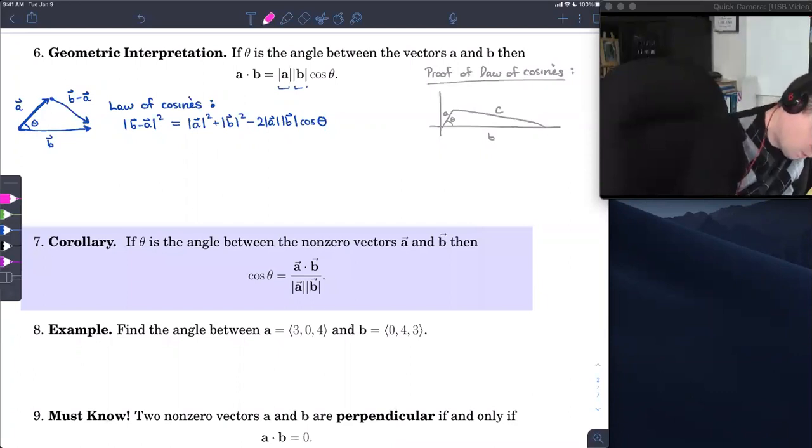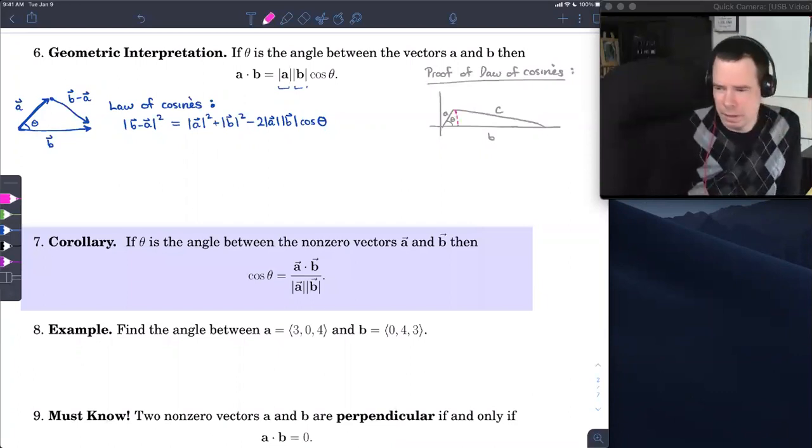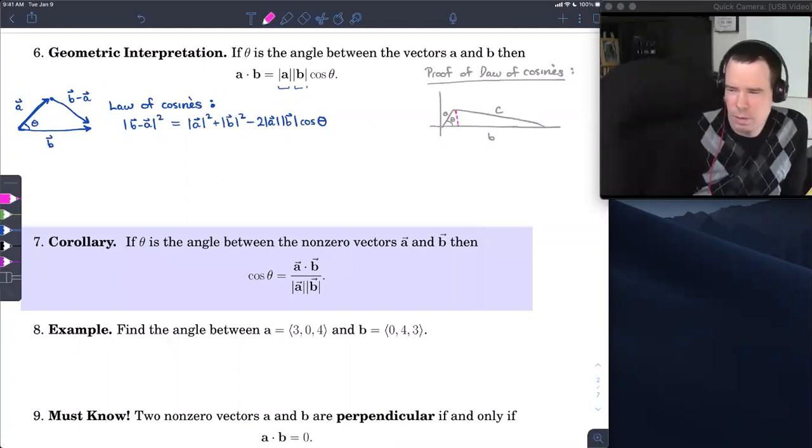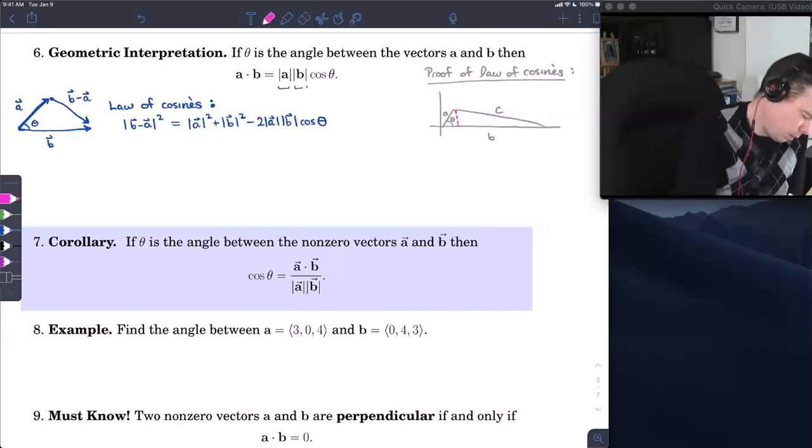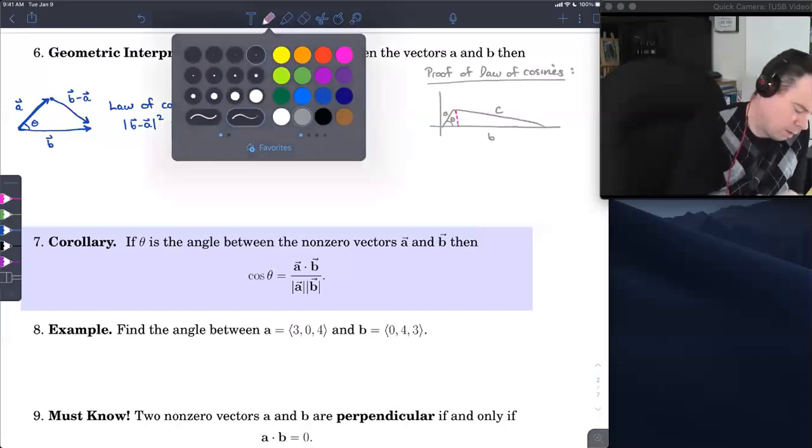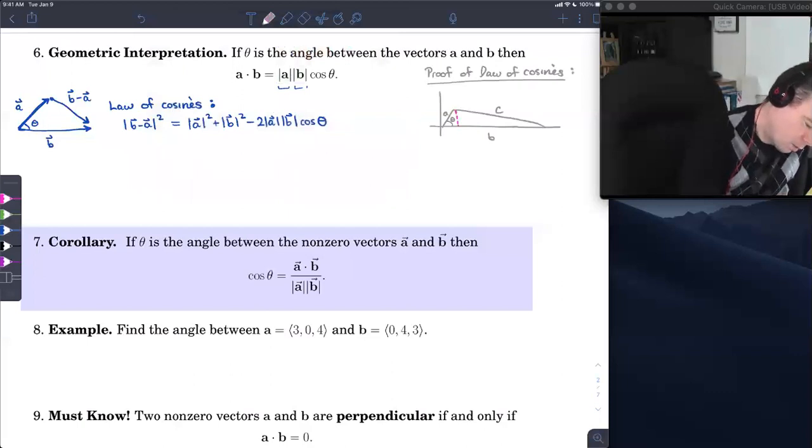So in order to do that, I'm going to drop a perpendicular down from that top vertex, or that top point of the triangle. And now I've got two right triangles in my picture, and I can use the Pythagorean theorem on them. So let's call this triangle 1, and we'll call this one triangle 2.